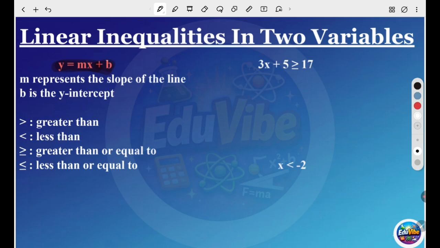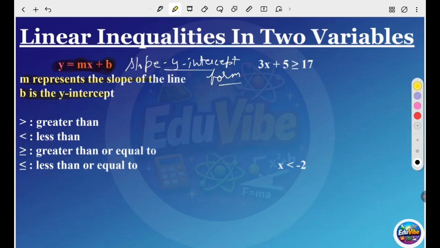This type of equation is called the slope y-intercept form, where we have the y-intercept and the slope. Here m represents the slope of the line, and b is the y-intercept. That's how it's called the slope y-intercept form.